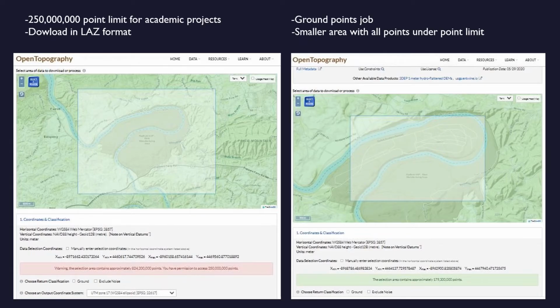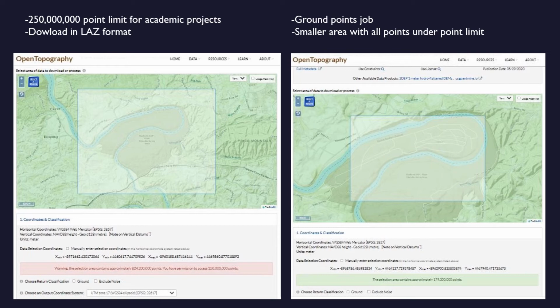I plan to download my data in LAS format, then use software we've used in this course to decompress the data. A minor issue that I may run into is the fact that OpenTopography only allows downloads of 250 million points and less. And if you look at the picture on the left, it looks like my entire area of interest is more than that.